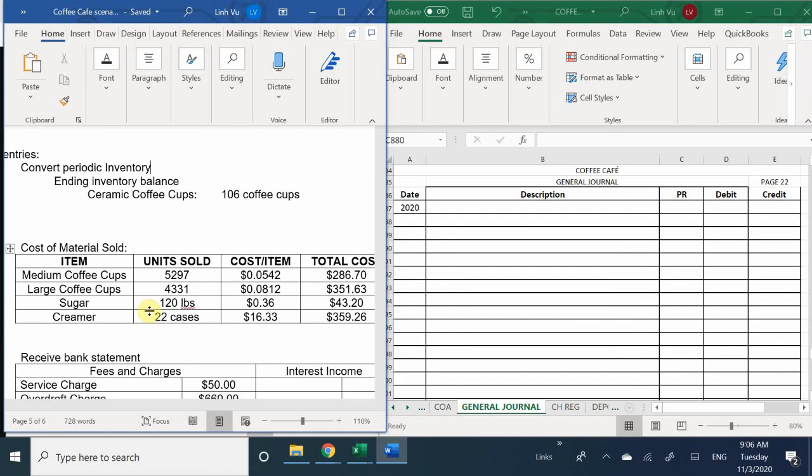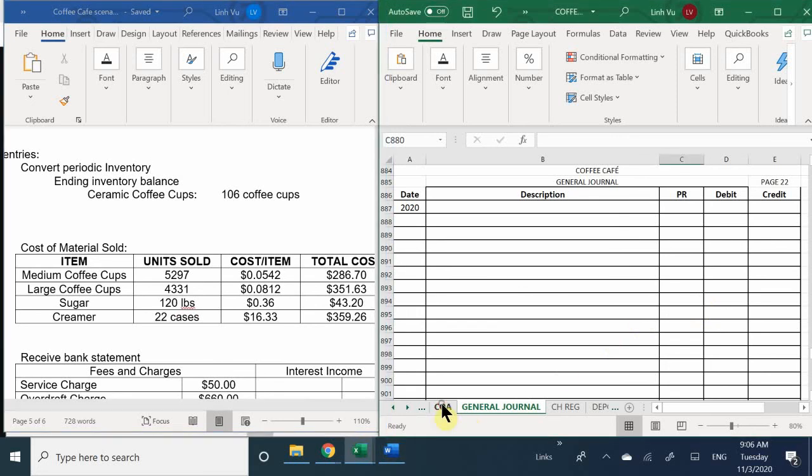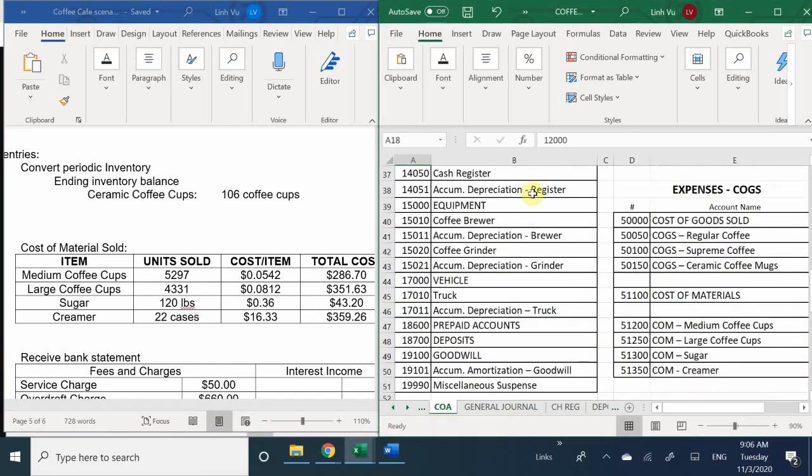Now, let's look at the word carefully. What is cost of material considered? Use your chart of accounts to find it. It is an expense. Good. It is an expense because we're utilizing it, right? We're spending it, right? So we'll have to do COGS.